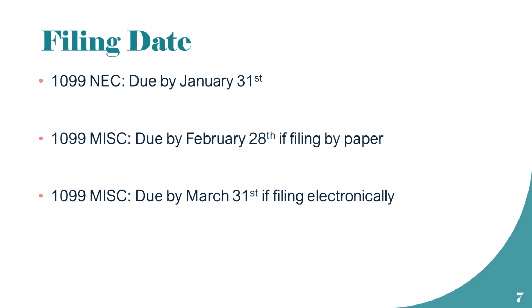So it is in your best interest to file your 1099s, because if you do not, the IRS can file penalties and fines against you. So it's definitely in your best interest to file your 1099s.